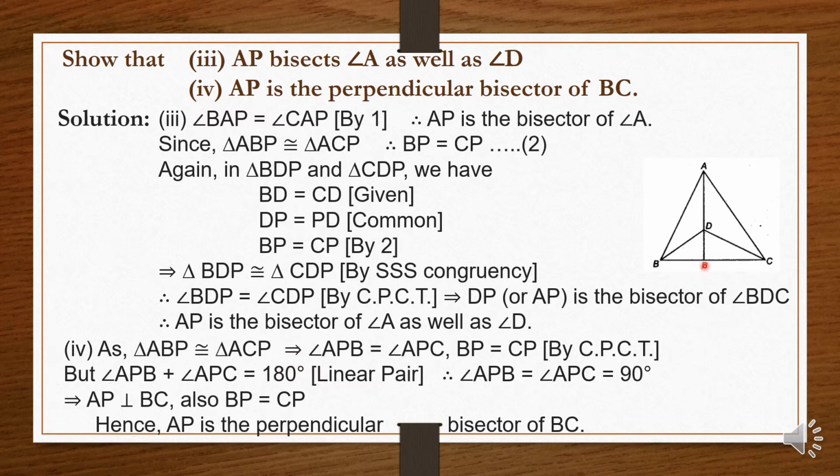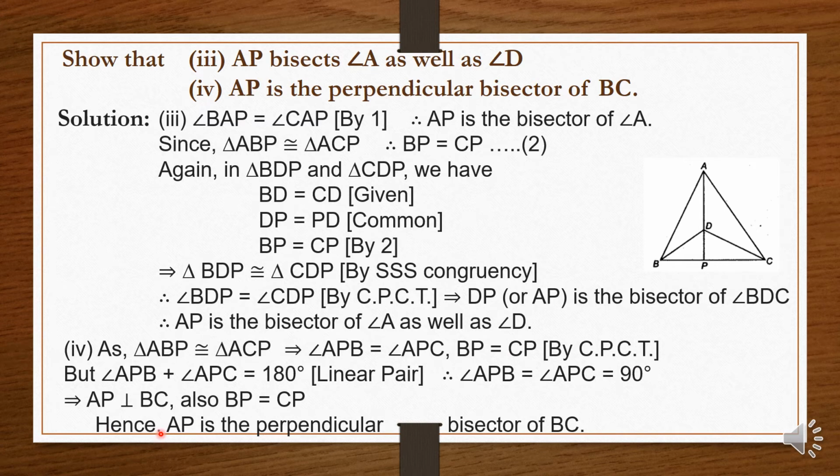Now, since they are a linear pair of angles, the sum of those two angles equals 180 degrees. We have already proved that these two angles are equal as these two big triangles are congruent to each other. Therefore, these two angles are equal and their sum is 180. So, we can say each of them is 90 by calculation.